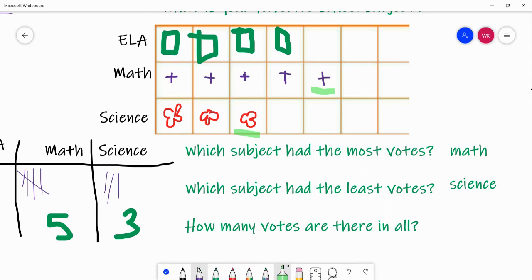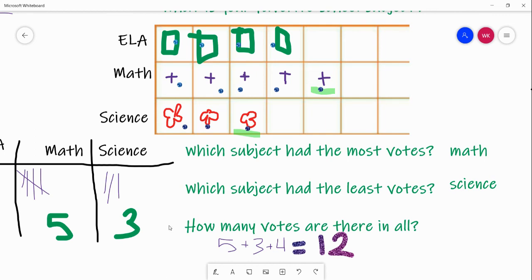You could either do this by doing 5 plus 3 plus 4, or you could count up all of the votes. So you could go 1, 2, 3, 4, 5, 6, 7, 8, 9, 10, 11, 12. So we had 12 people vote on this survey, which is what is your favorite school subject.